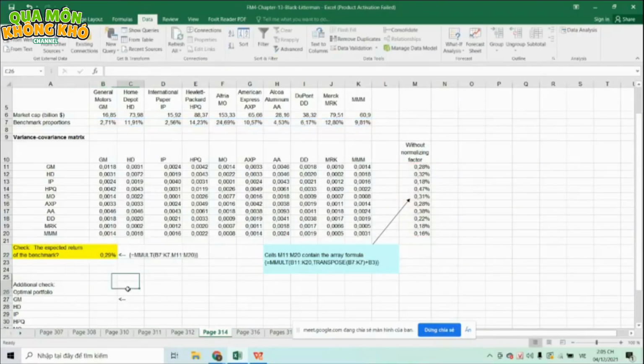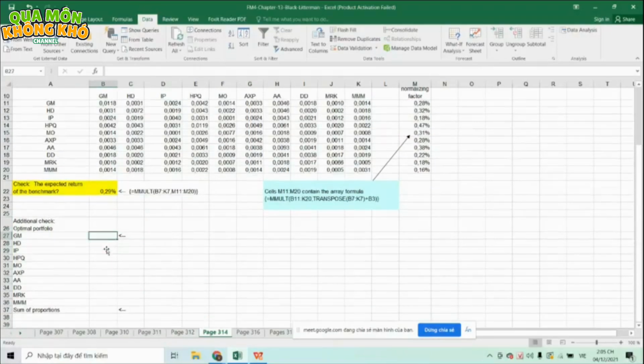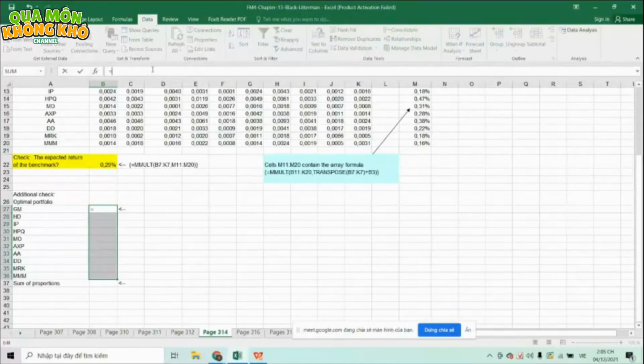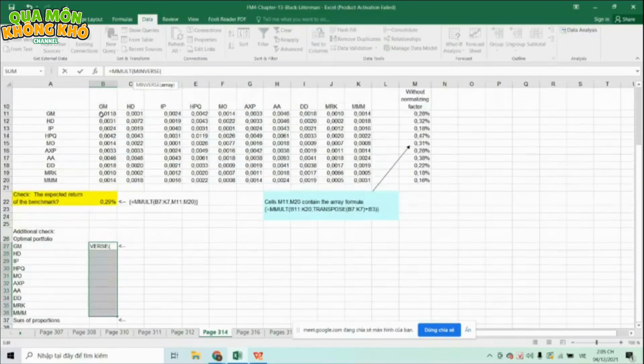We will also have some additional check of the optimal portfolio, and we use the same function as before, MINVERSE of this range.